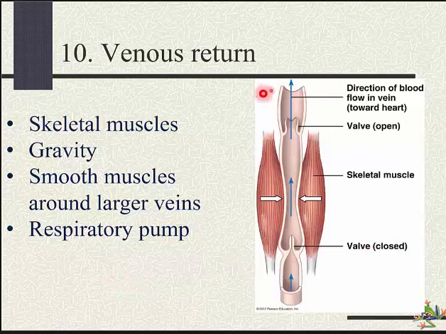And one more thing to add to my mentioning older people and longer flights. So especially from the legs, where it's a long way up to the heart, this venous return really relies on the skeletal muscles.